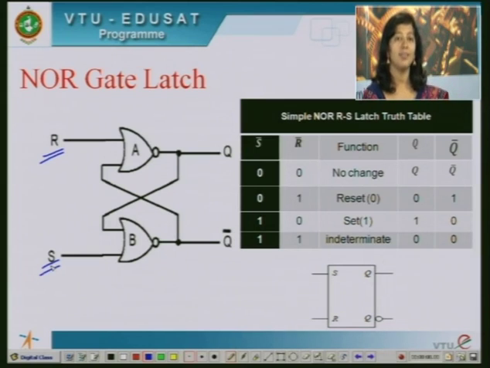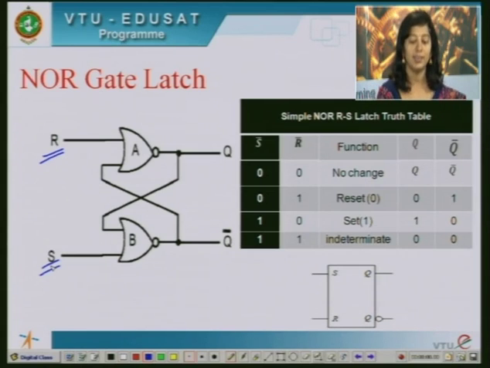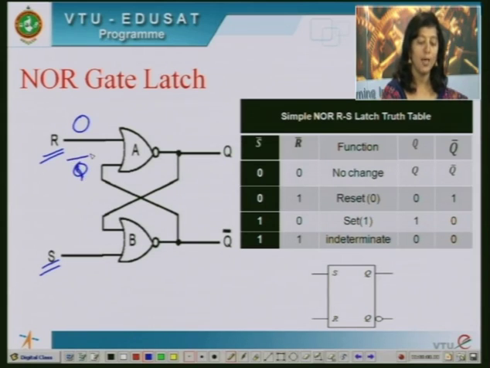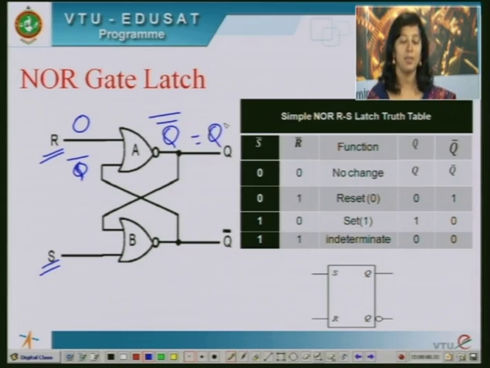We can analyze the working very fast. So if both are 0, what happens? If this is 0, then the other input to this NOR gate will be Q bar. So Q bar or 0 is what? Q bar itself, and complement of that, it is not OR, NOR gate. So the final output remains as Q itself, or Q double complement.